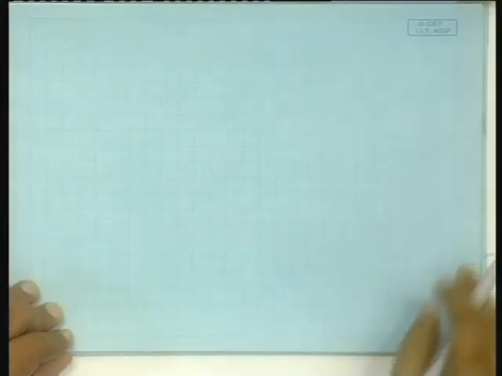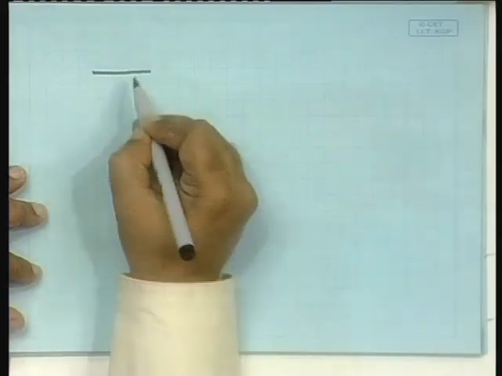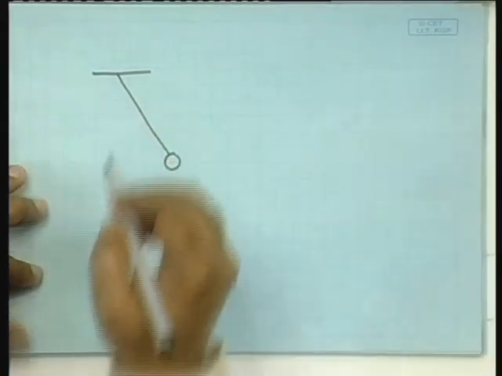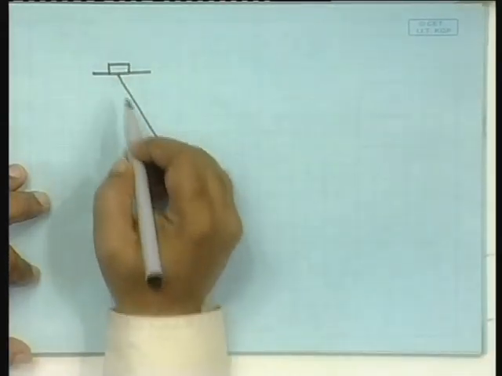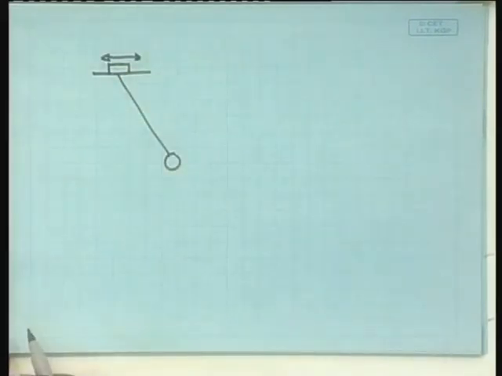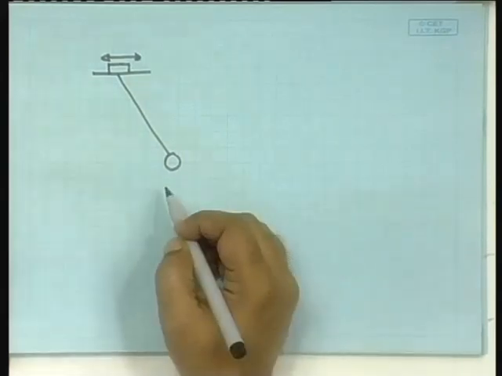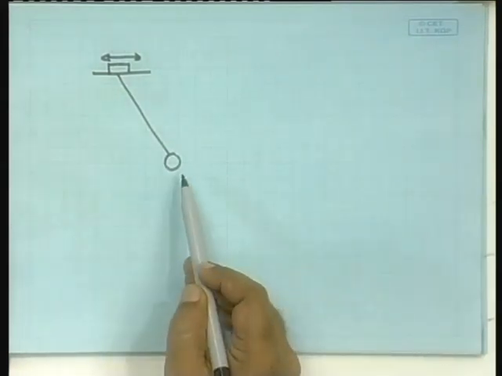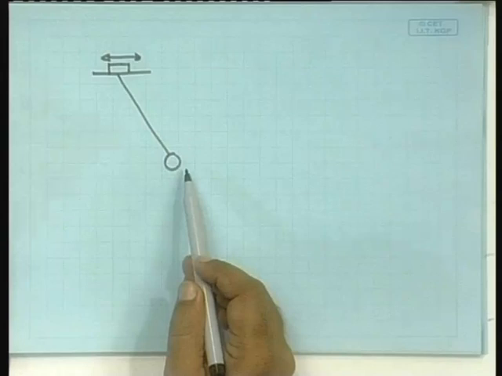Okay, now let us go to a slightly more involved problem. Think of this. Suppose you have a pendulum as before, but here the point of suspension is moving like this. If you actually simulate and see its behavior, such a thing, you would find that it has a very, very complicated behavior, very, very complicated motion.